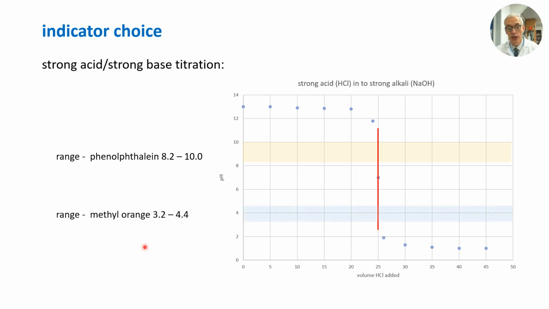Now what about methyl orange? Well, methyl orange has a range of 3.2 to 4.4. Again, the vertical section for a strong acid, strong alkali will pass through the range of methyl orange.